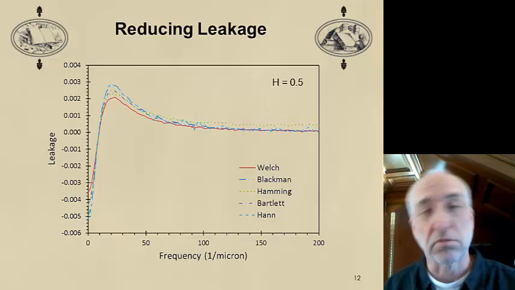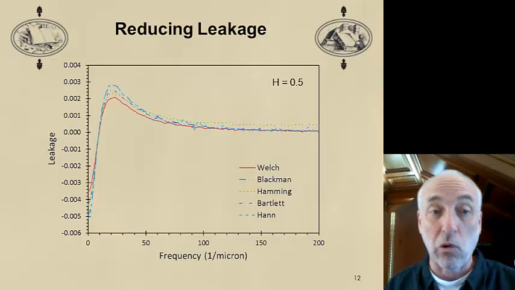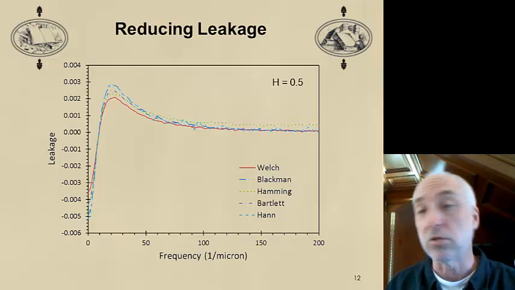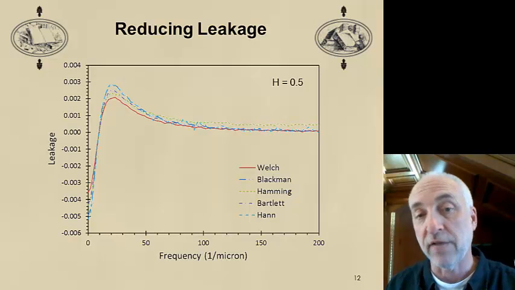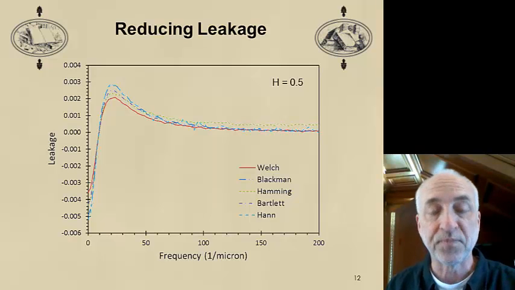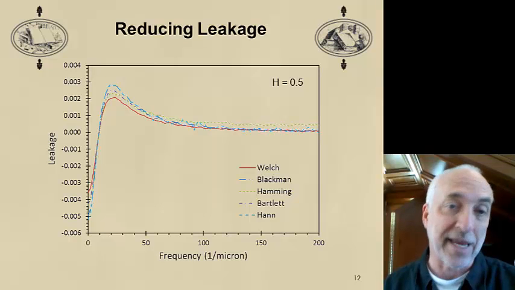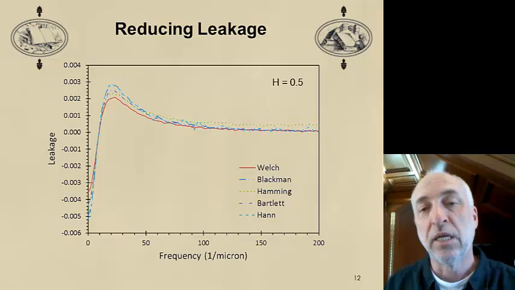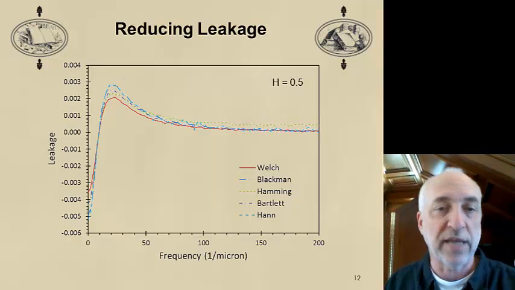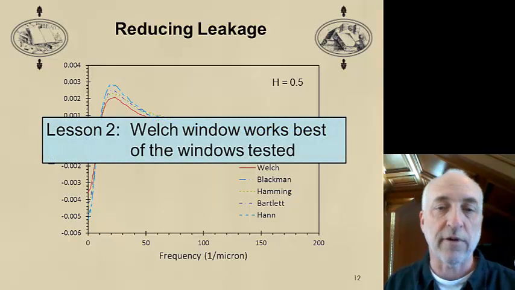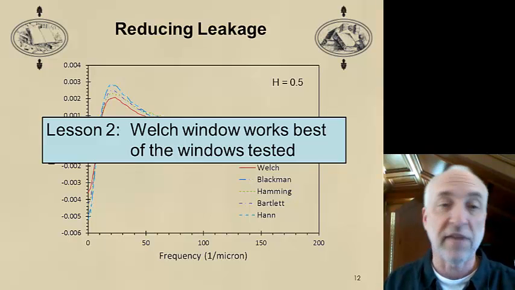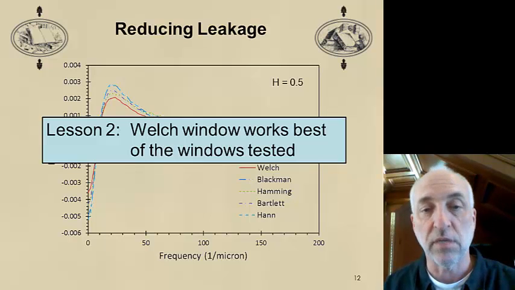Now, they all produce an order of magnitude less leakage than we saw before, and for all of these cases the leakage goes to 0 out at the high frequencies, which is really good. As a result, any of these windows would be better than a rectangular window by a long shot. Nonetheless, the Welch window works the best for this kind of PSD data, so I recommend using the Welch window every time you measure a PSD.